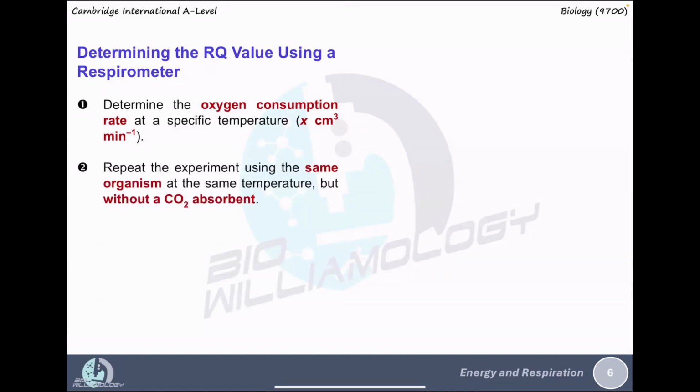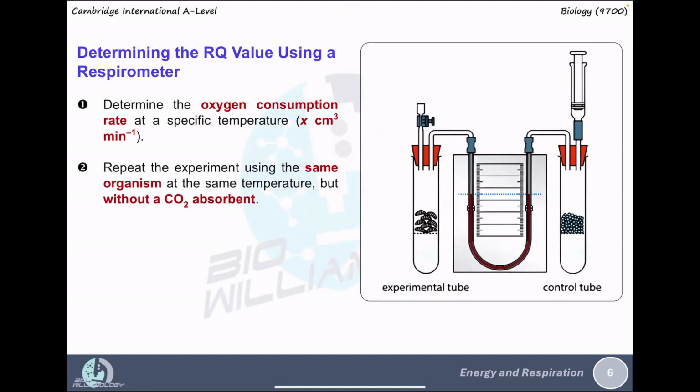Therefore, we need to repeat the experiment using the same organism at the same temperature, but without the soda lime or CO2 absorbent. In this diagram, you will be able to see that we have removed the soda lime and then returned the level of manometer fluid to the original position.